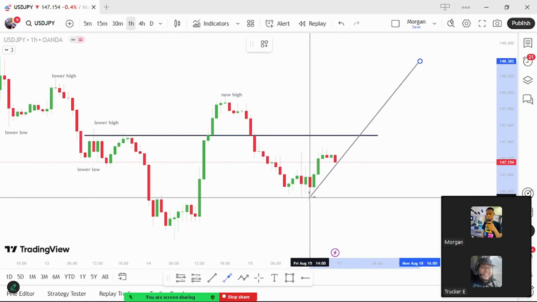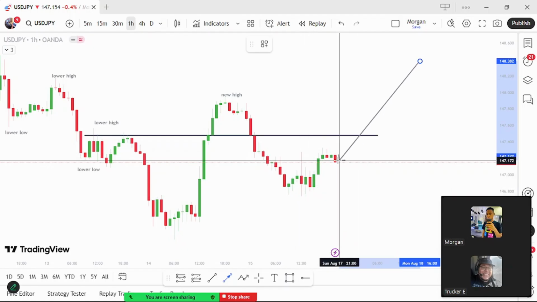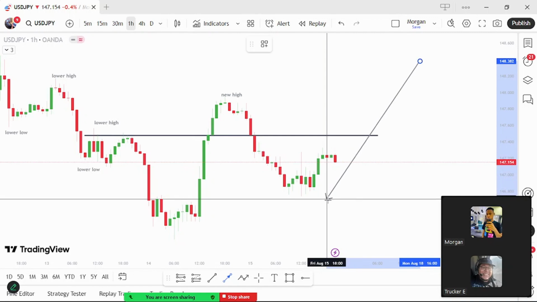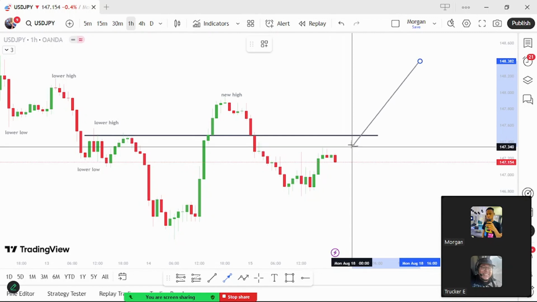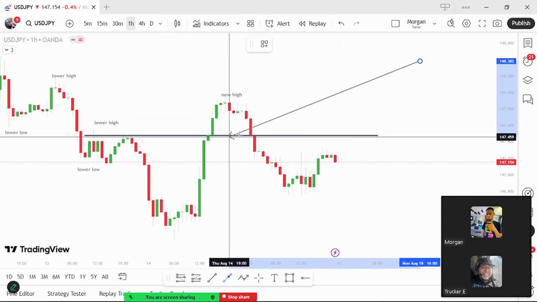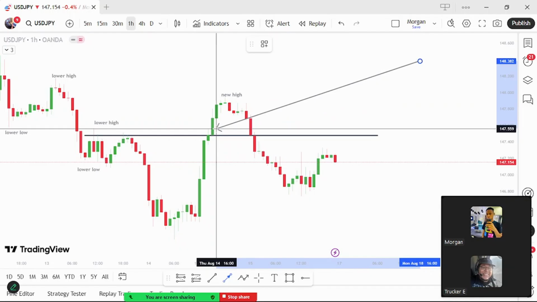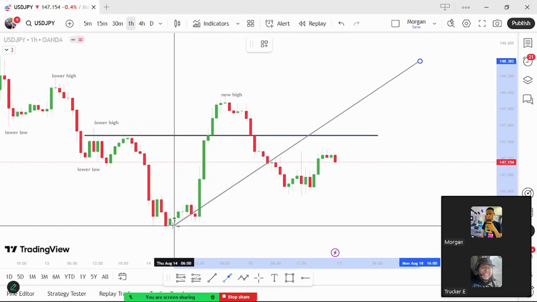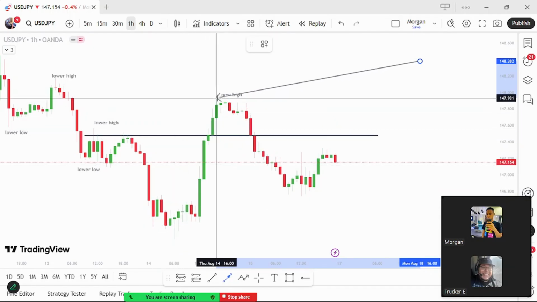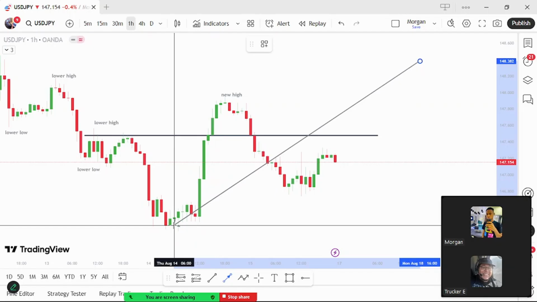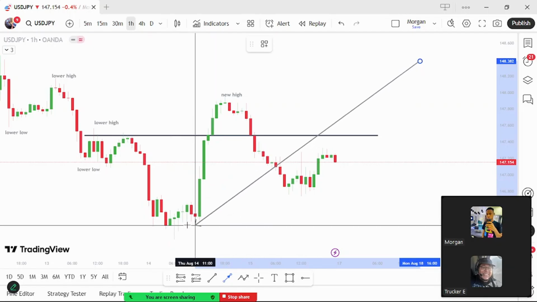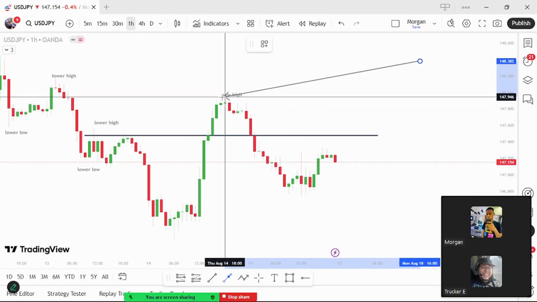I'm trying to point out to you that if price decides to drop a bit lower to this level and then start pushing up, this whole setup is still valid, because this low is the one that caused this break. So this is the low, and as long as price hasn't taken out this low, this is still an indication.